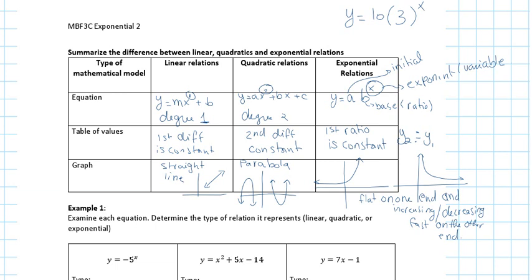But when you're describing your function, you're going to say it's flat on one end and increasing or decreasing, depending on the graph, on the other. Let's look at some examples.